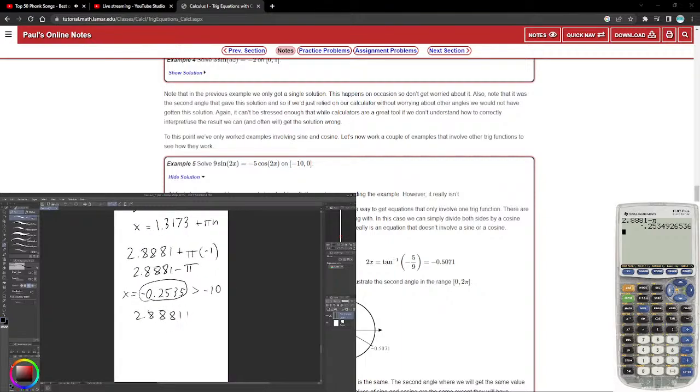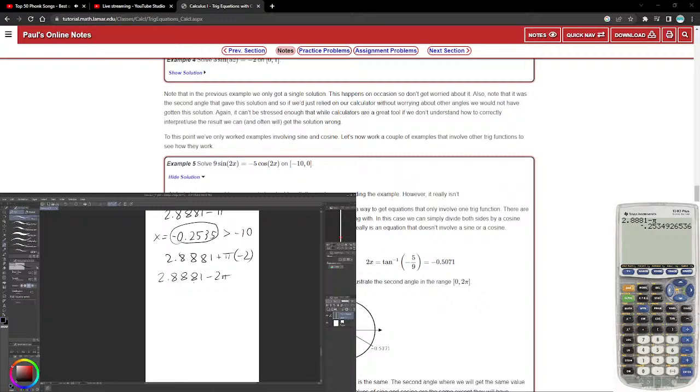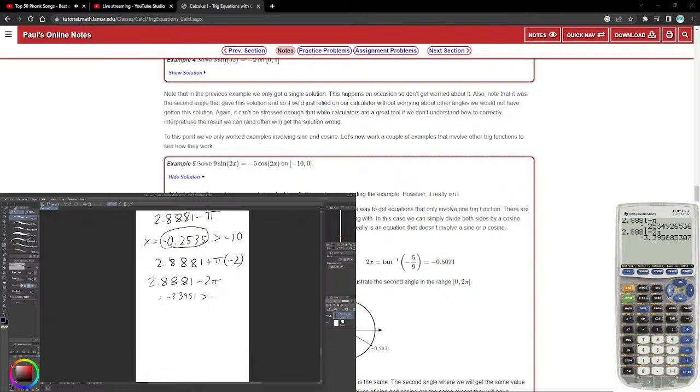Next, 2.8881 plus pi times negative 2, that is 2.8881 minus 2 pi, which equals negative 3.3951. And that is greater than negative 10, so it works.